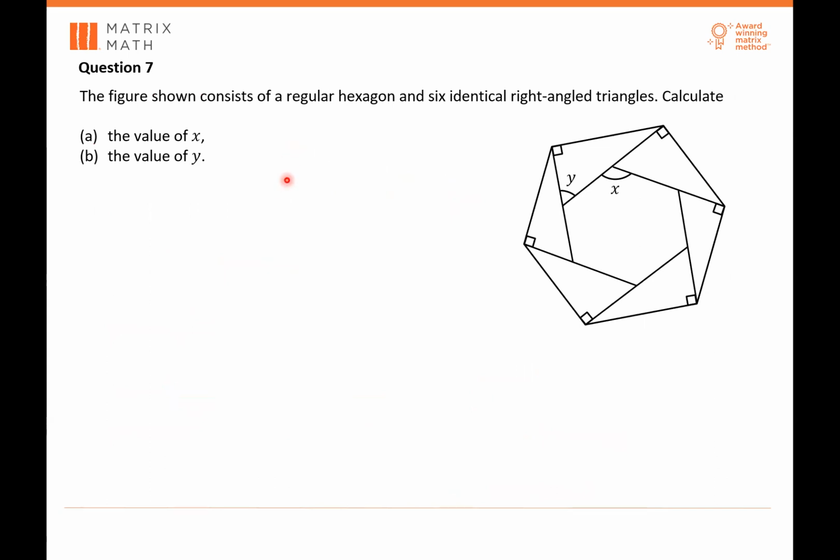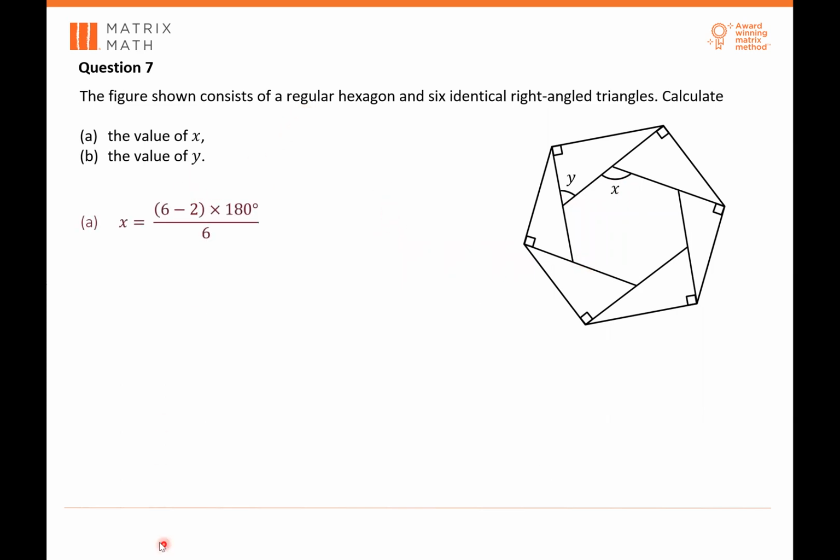Question 7. The figure shown consists of a regular hexagon. So this is a hexagon. A hexagon has 6 sides and 6 identical right-angled triangles. Okay, so calculate the value of x. Okay, how do you find this x? Now, since this shape is a hexagon, it means that it has 6 sides.